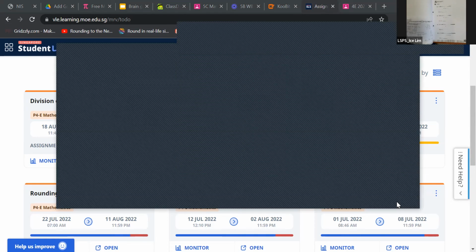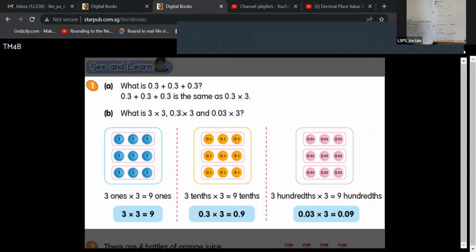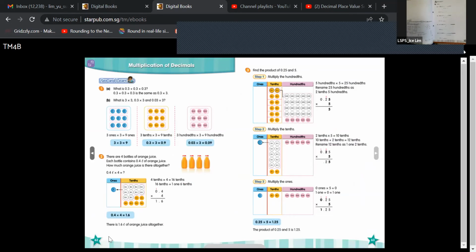In your textbook, it shows you very clearly the concept of doing multiplication and division of decimals. Now, the idea is exactly the same as how you would do whole numbers. This is page 62 of your textbook.